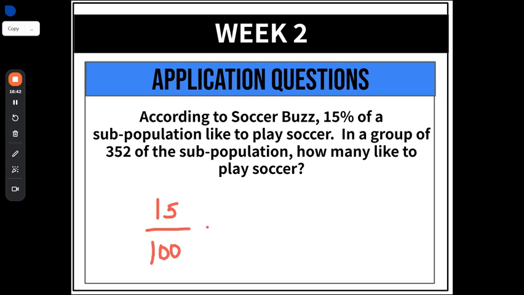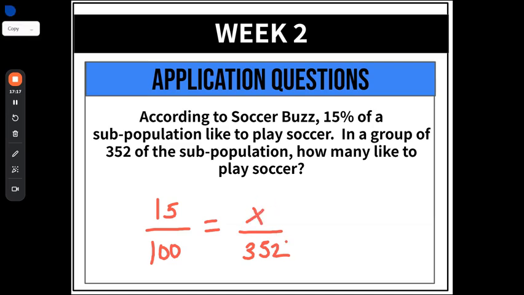Awesome. So just like in the other ones, it has to be set equal to another fraction. So what else do I know? Well, I know that there are 352 people in the subpopulation, and we want to find out how many like to play soccer. So the 352 can go on the bottom, and we want to find out what portion of that 352 likes to play soccer.